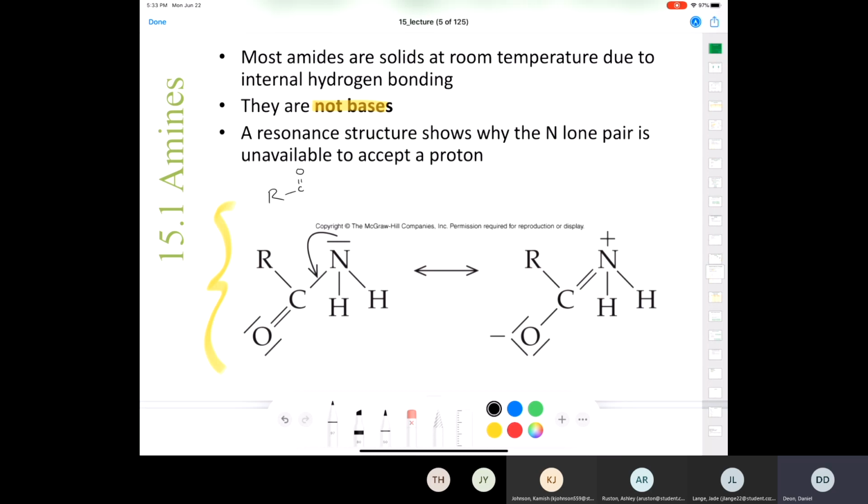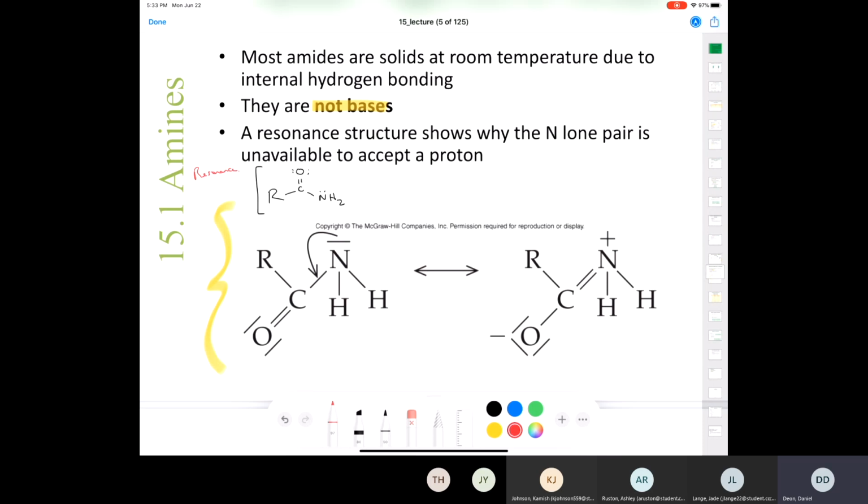So what they're trying to show here is, if I start with a primary amide, I have two lone pairs on the oxygen. Oxygen always has two bonds and two lone pairs, just like in water. The nitrogen has three bonds and one lone pair. But what happens is, the lone pair on the nitrogen atom can participate in resonance.